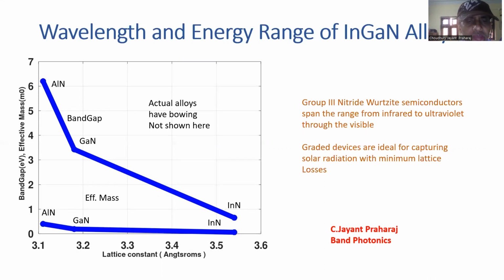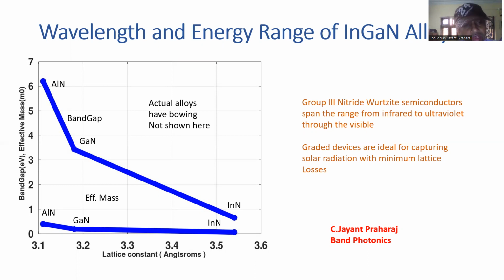The bandgap of indium nitride is about 0.7 to 0.8 electron volts, and that of gallium nitride is 3.4 electron volts. And also in the same series of semiconductors is aluminum nitride, which has a bandgap of 6.2 electron volts. Now, we do not consider aluminum gallium nitride alloys in this talk.